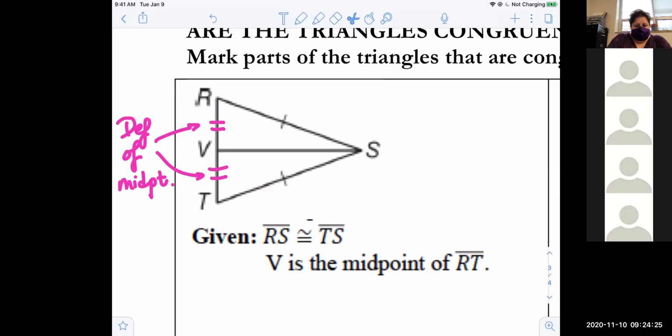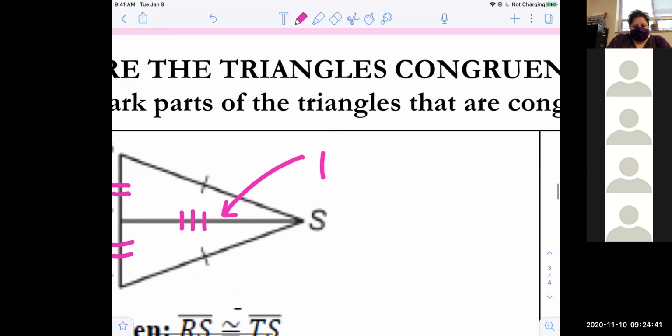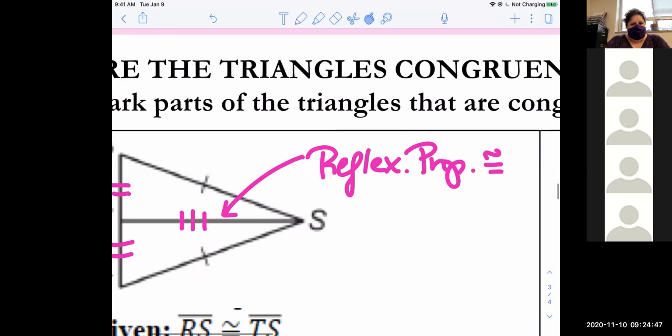I'm going to mark this last pair. Anytime you have a shared segment like that, you want to use that as one of your pieces. What's the reason for why I can mark that congruent? Why is segment VS congruent to segment VS? That's reflexive. You're going to do this so much, you're going to be sick of always using reflexive. But reflexive is a super easy way to get parts that are congruent.